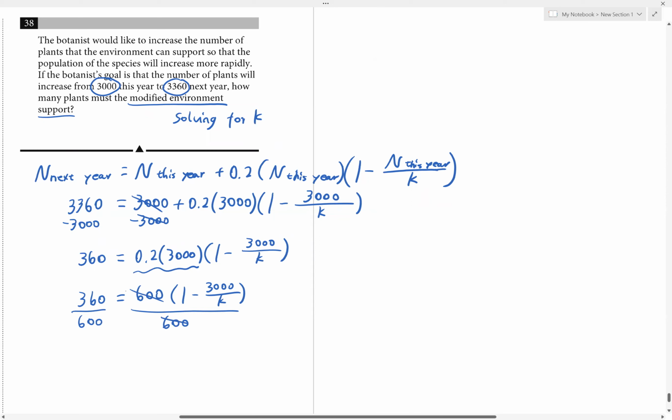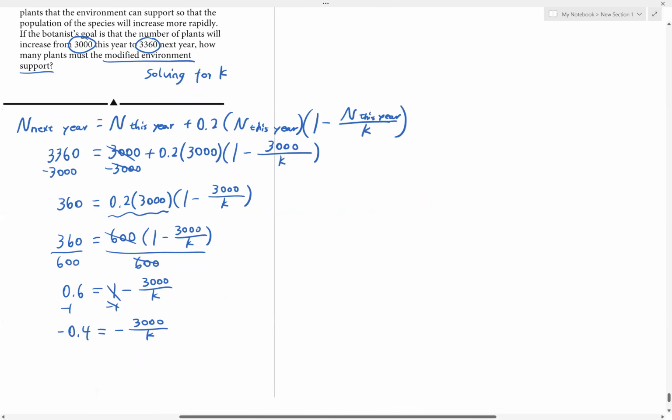So we do 360 divided by 600. That should give us 0.6 equal to 1 minus 3,000 over K. And then we can subtract 1 on both sides. 0.6 minus 1 is negative 0.4, equal to negative 3,000 over K. And then we're almost there.